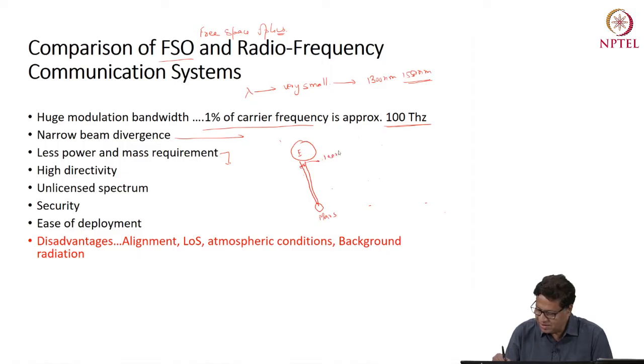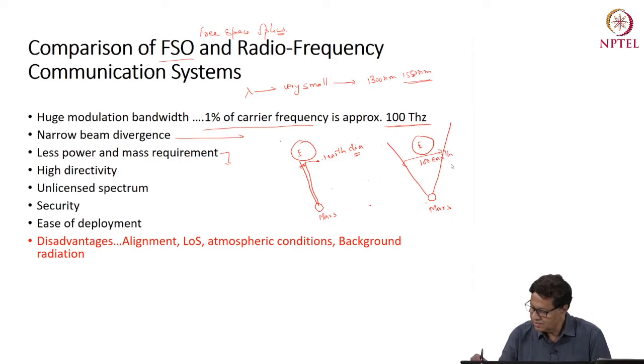Whereas in the RF case, this is Mars, this is Earth. This will diverge much more, and this distance is of the order of, say, 100 times Earth diameter. So that's the main difference. This is for RF, and this is for optical.